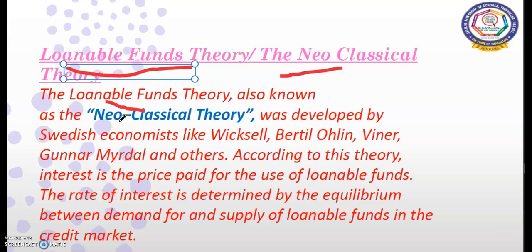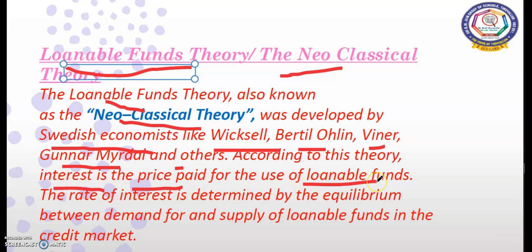This theory was developed by Swedish economists like Wicksell, Bertil Ohlin, Gunnar Myrdal and others. According to this theory, interest is the price paid for the use of loanable funds. The rate of interest is determined by the equilibrium between demand for and supply of loanable funds in the credit market.